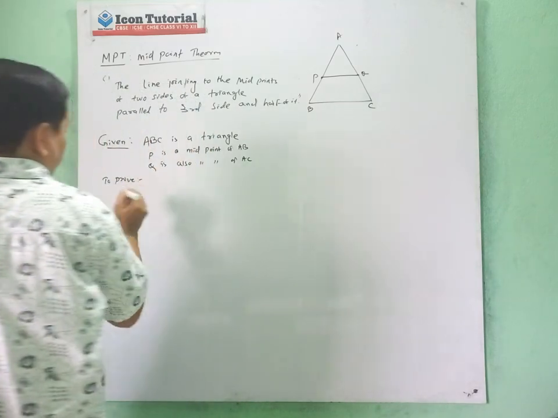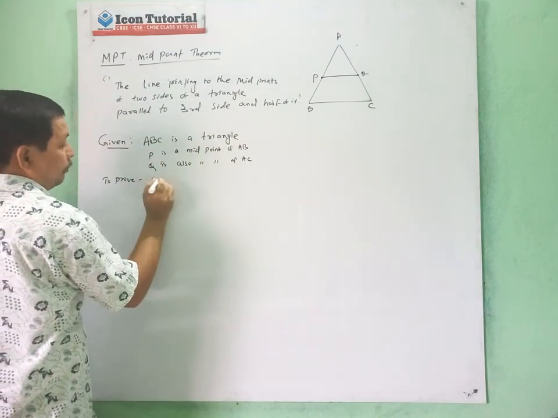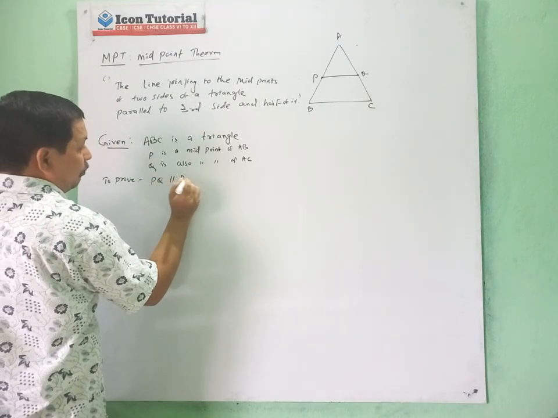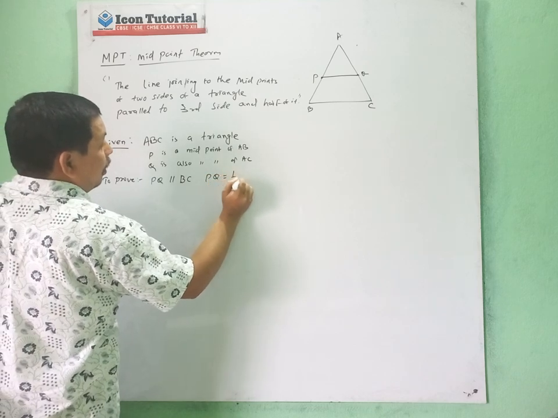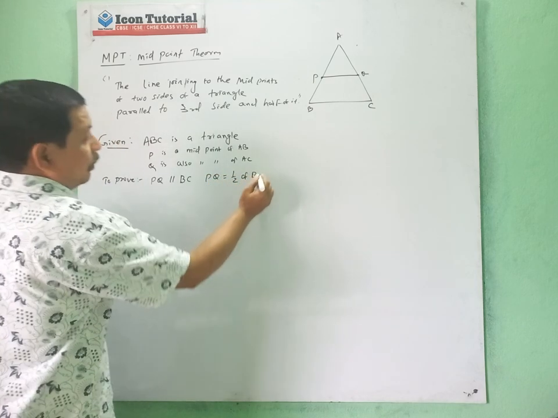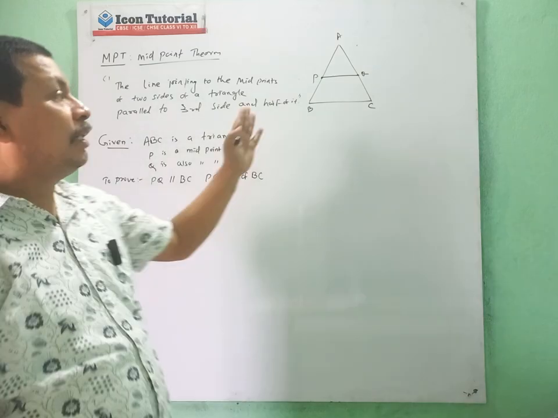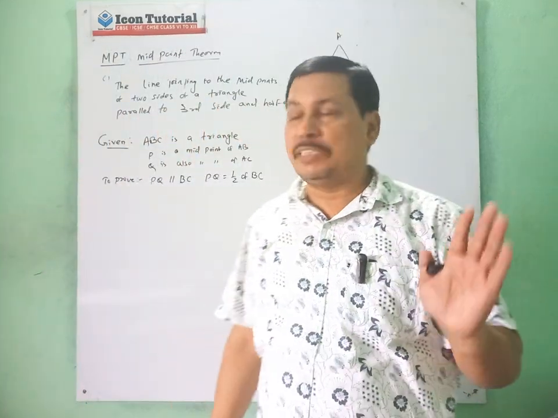To prove: PQ is parallel to BC and PQ is equal to half of BC. Understood?